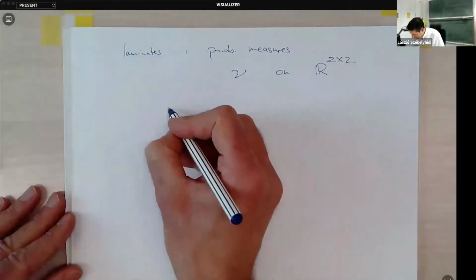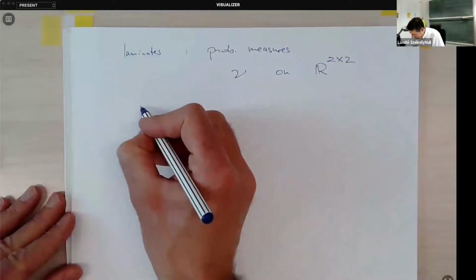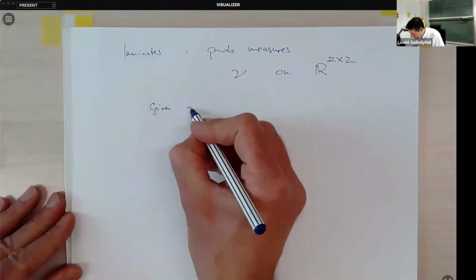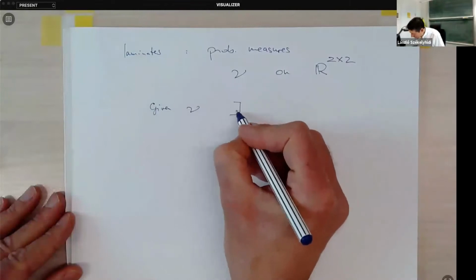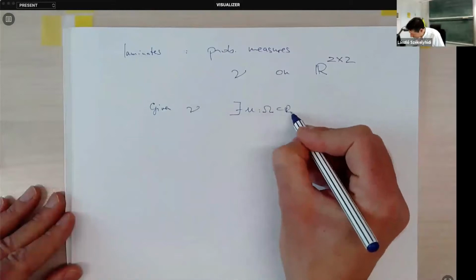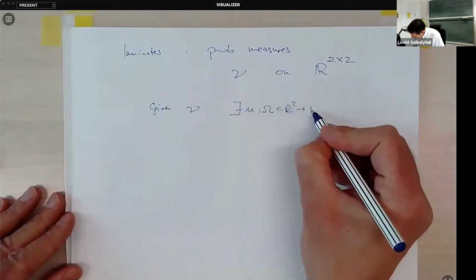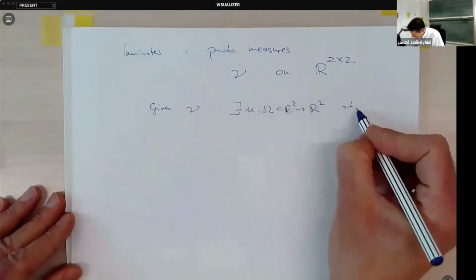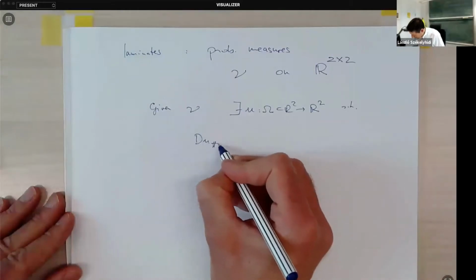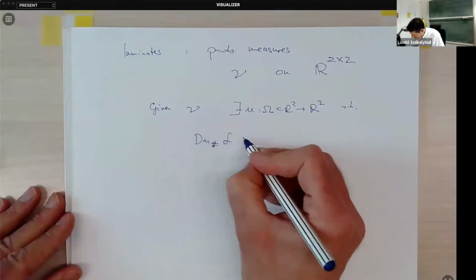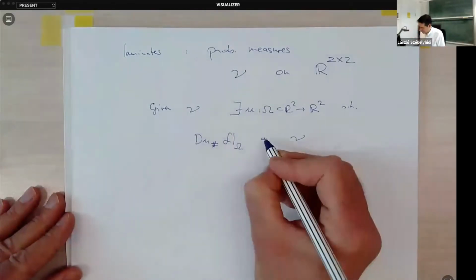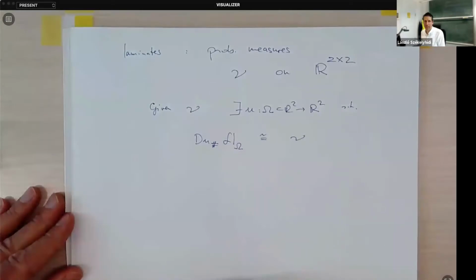So in principle, there are lemmas of the type that given a laminate nu, you can construct maps, say from this omega in R2 to R2, such that the push forward of normalized Lebesgue measure on omega is equal to this nu up to some small errors.